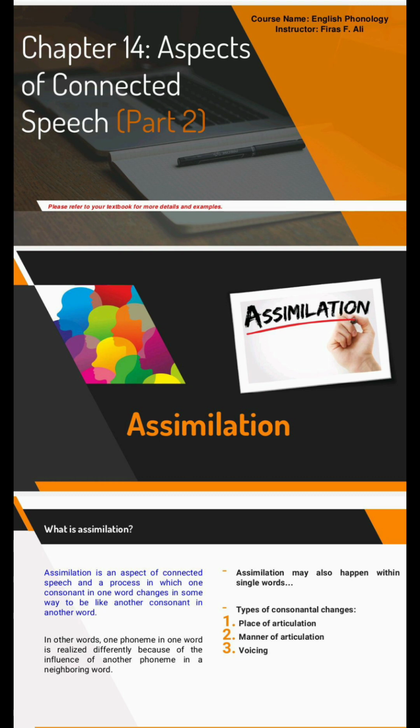In order to understand this process very well, one needs to be aware of the different places, manners and voicing of consonants. We have 6 manners of articulation: plosives, which are 6 in number, fricatives, 9 in number, affricates, 2 consonants, nasals, 3 consonants, proximants, 3 consonants, and 1 lateral consonant.